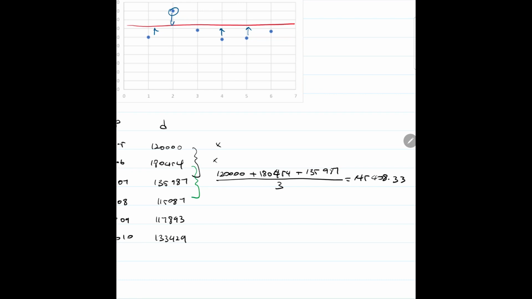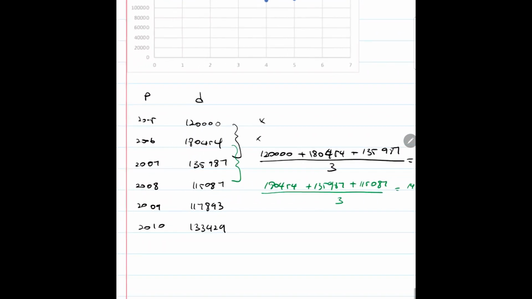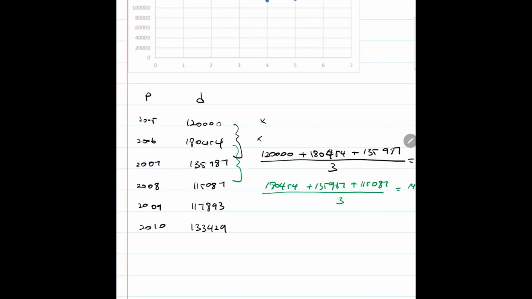Oh, let's do it in green. Let's get a different color.